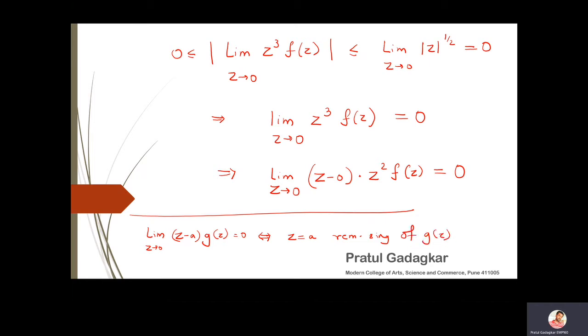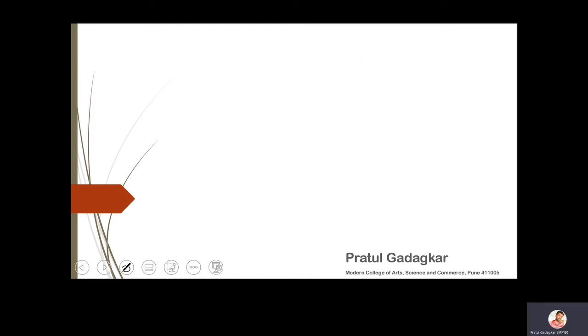So who is working like a g z in this particular problem? Here z square f z is working like g z. So from this line we conclude that z equal to 0 is a removable singularity of which function? Of the function z square f z.